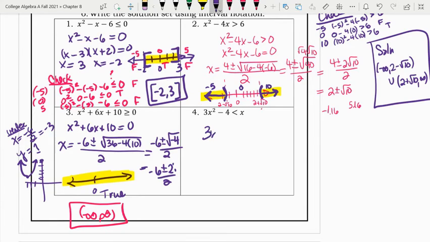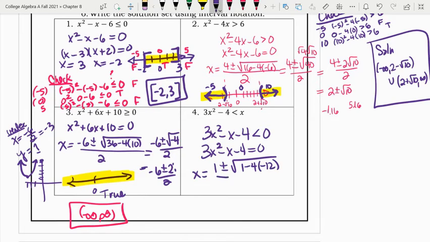Last one in this set, 3x squared minus x minus 4. I'm going to do less than 0, set it equal to 0. So 3x squared minus x minus 4 equal to 0. Find your x-intercepts. x equals 1 plus or minus the square root of 1 minus 4 times negative 12, over twice 3, 6.